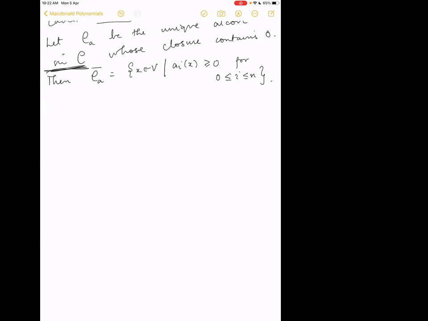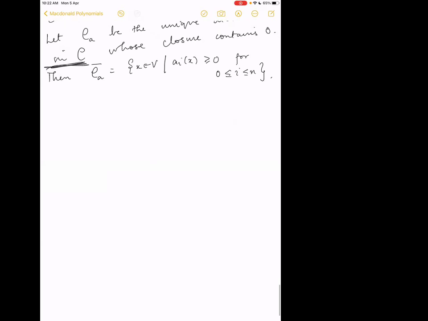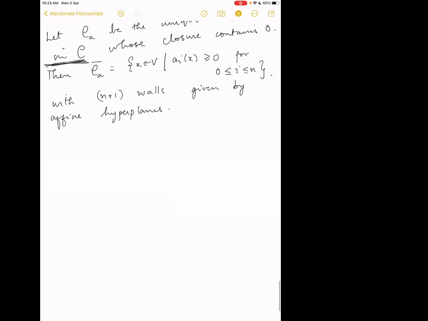So as I said, if your Weyl chamber has n bounding walls, then the alcove will have n plus 1 bounding walls, with n plus 1 walls given by affine hyperplanes.